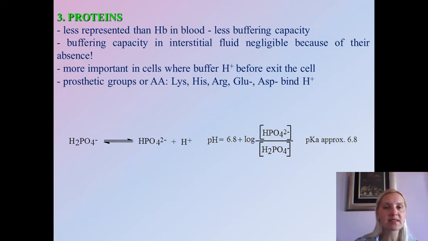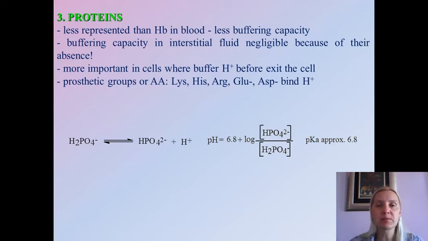The buffering action in interstitial fluid is negligible because there are no proteins in interstitial fluid. But protein buffering systems are more important intracellularly, where they can neutralize or buffer hydrogen ions before they exit the cell.